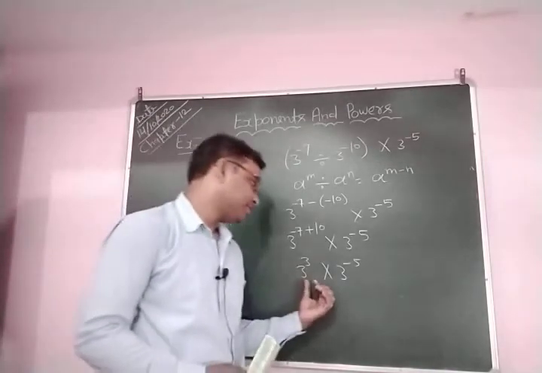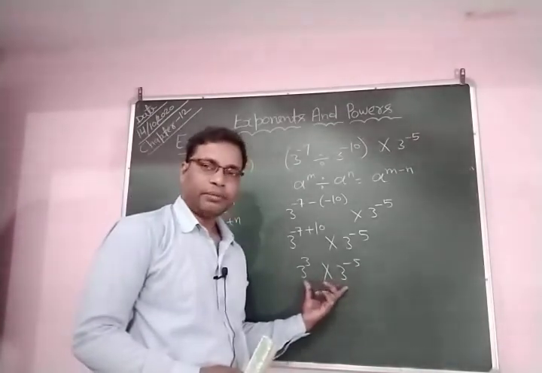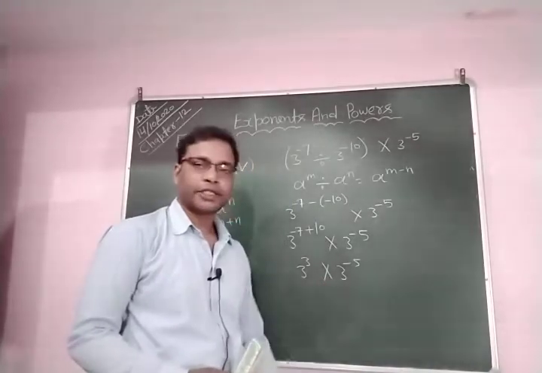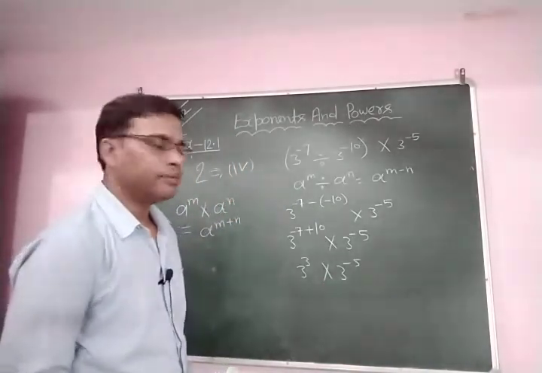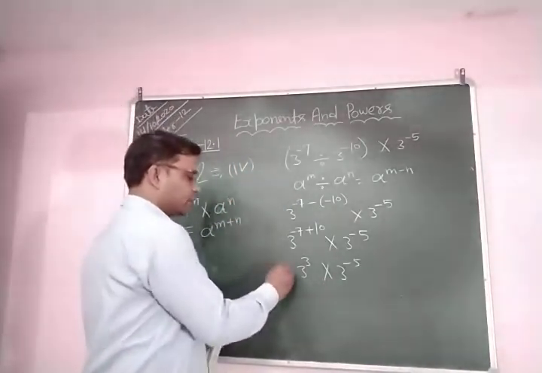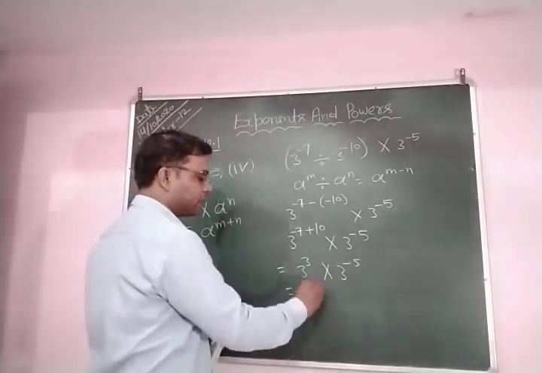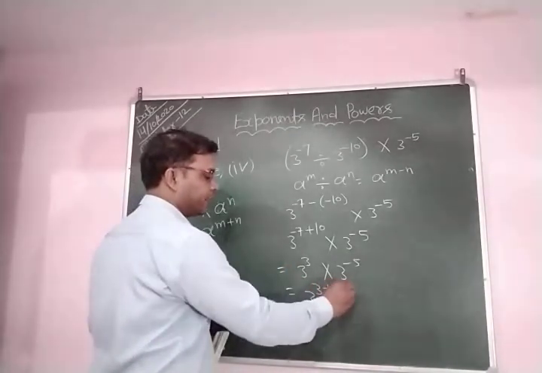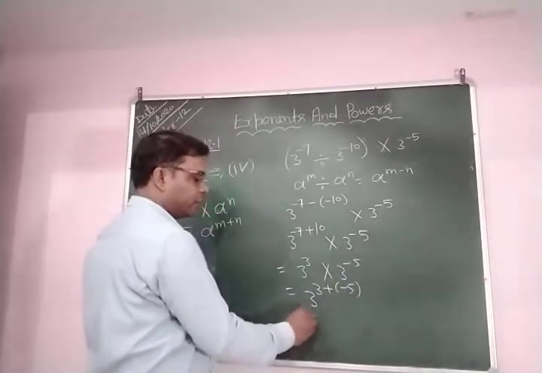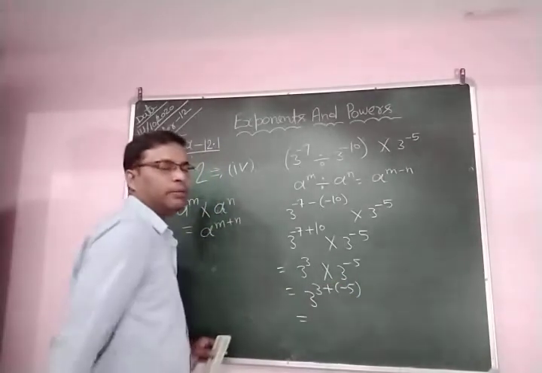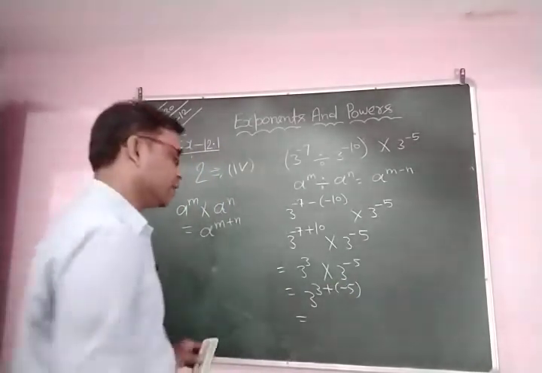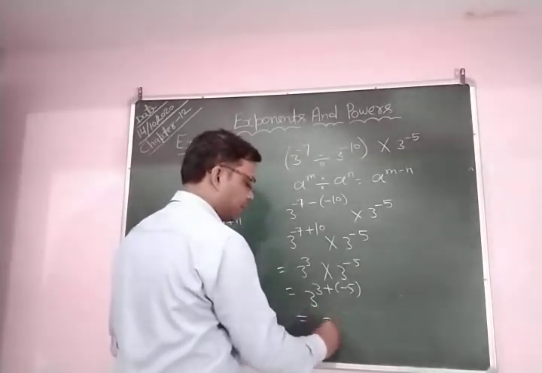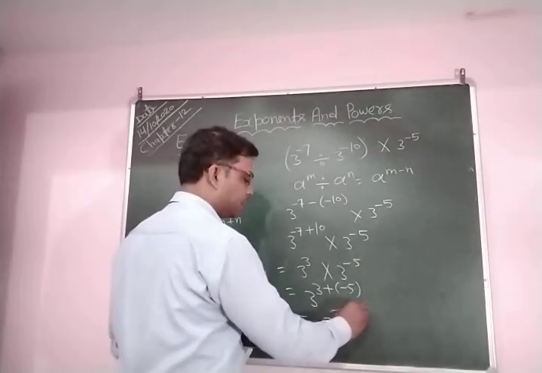So here you can see the bases are the same and it is multiplication, so this is equal to 3 power 3 plus minus 5. Plus into minus becomes minus. So you can write here 3 power 3 minus 5.